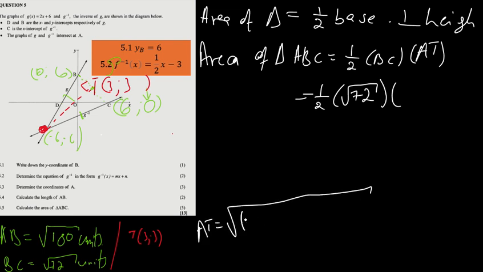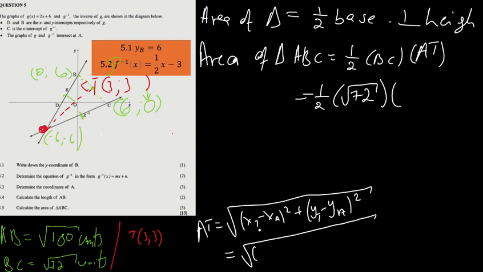The length of AT is the square root of XT minus XA squared plus YT minus YA squared, which is the square root of XT is 3 minus negative 6 squared plus 3 minus negative 6 squared.